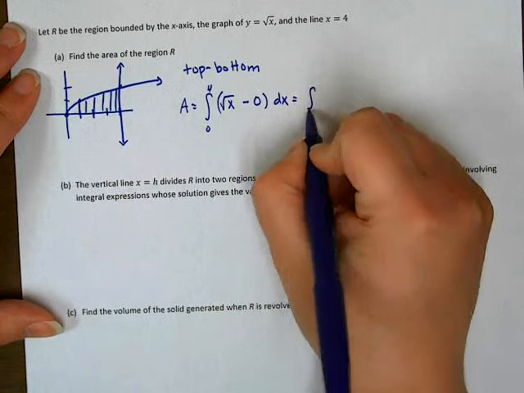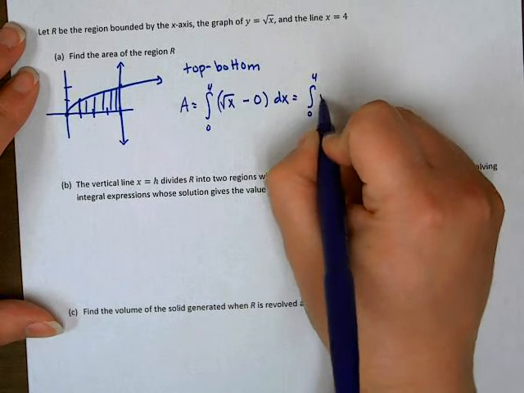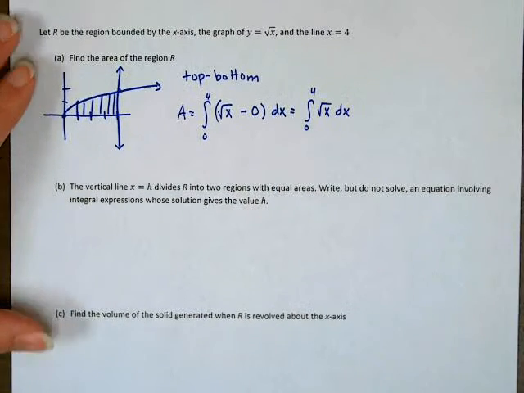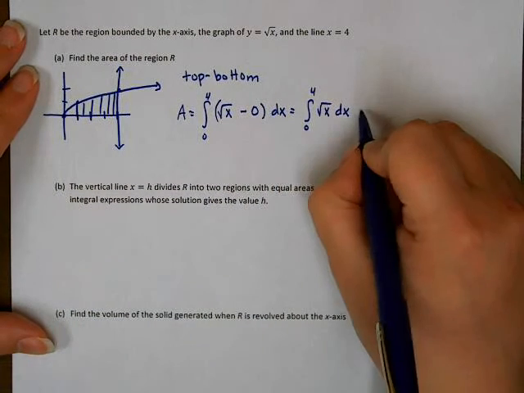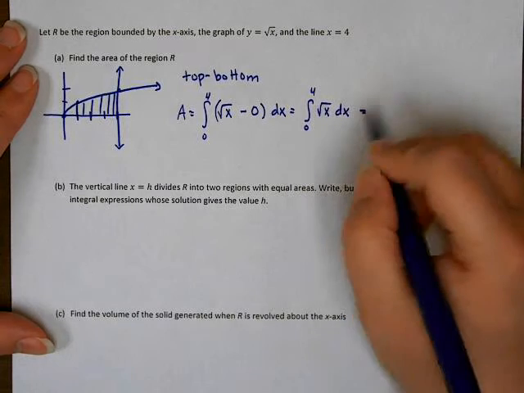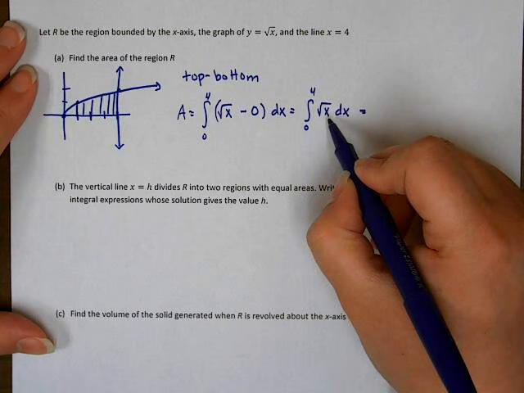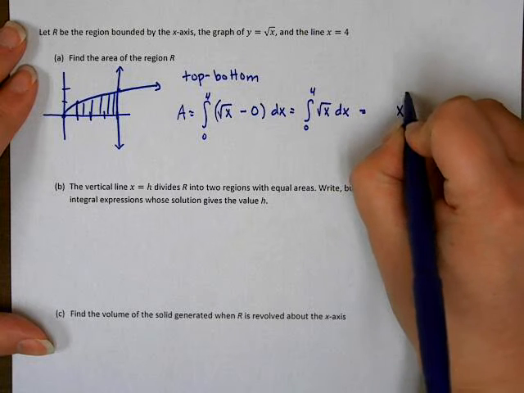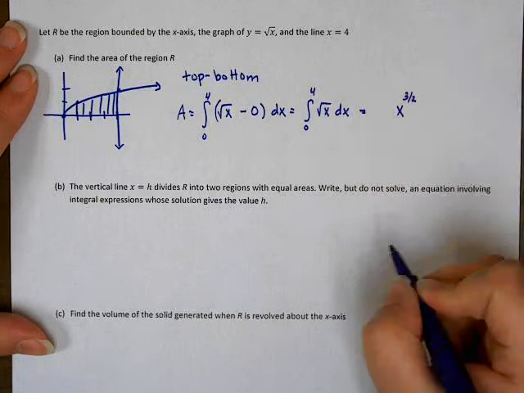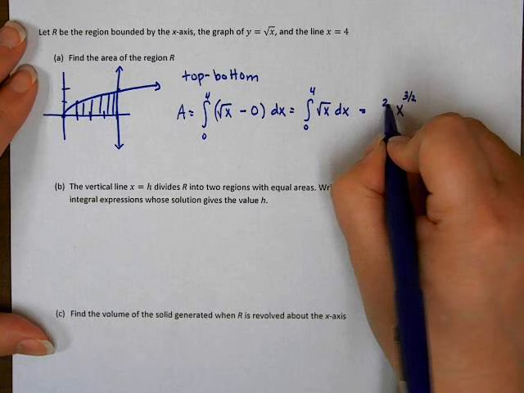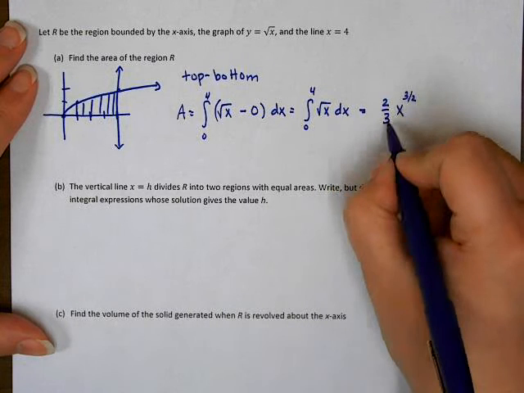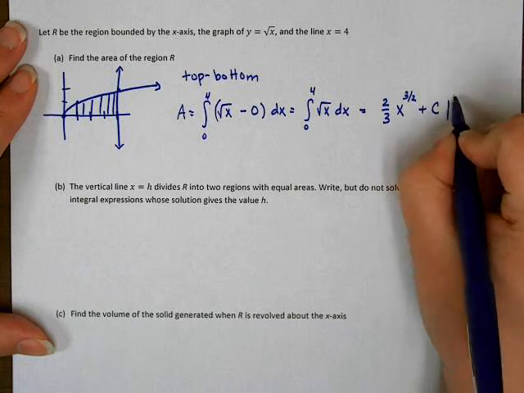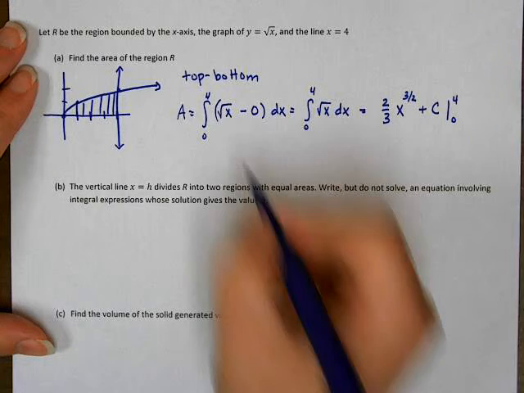So really that's the integral from 0 to 4 of the square root of x dx. And this is a no calculator question, which means we're going to have to do this antiderivative by hand. We know that the square root of x is really x to the 1/2 power, which means if I add 1, that's going to become x to the 3/2. And I need to multiply by the reciprocal. So I have 2/3 x to the 3/2 plus c, and I'm going to evaluate it from 0 to 4.